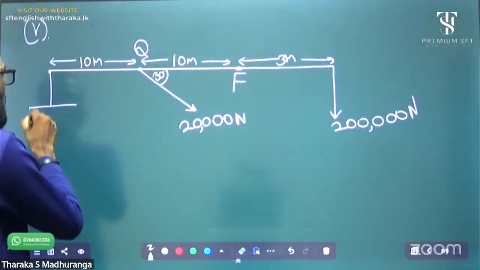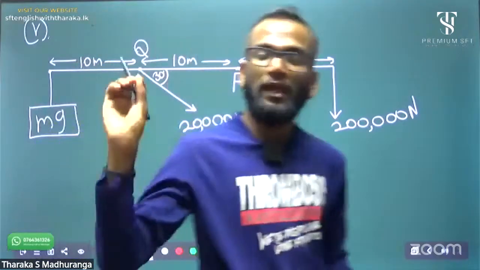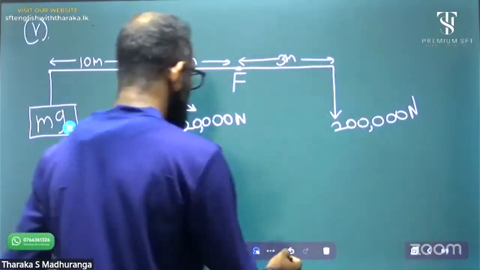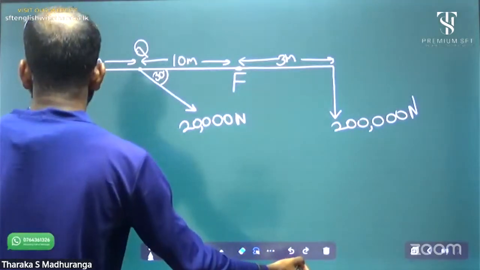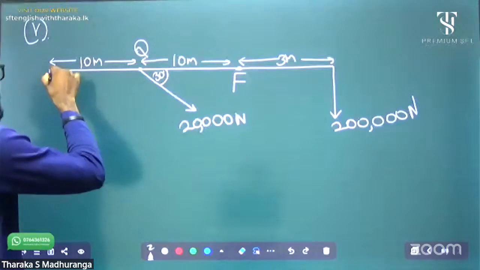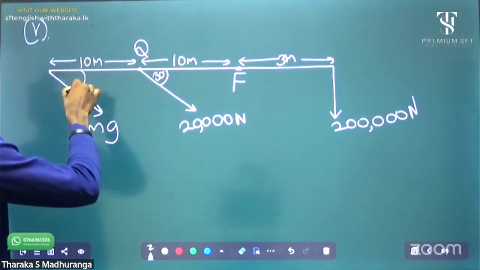Then I'm going to add mg, and if you find the m, that is the maximum weight. Sorry, it is not perpendicular. That one is also mg at a 30 degree angle.